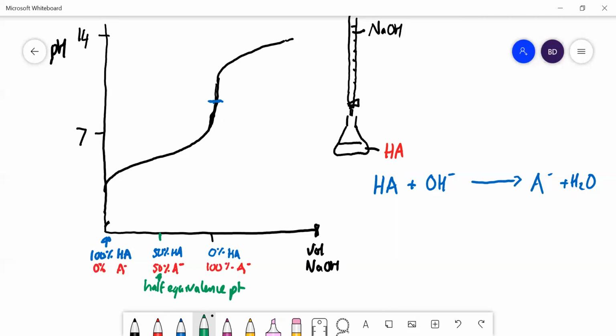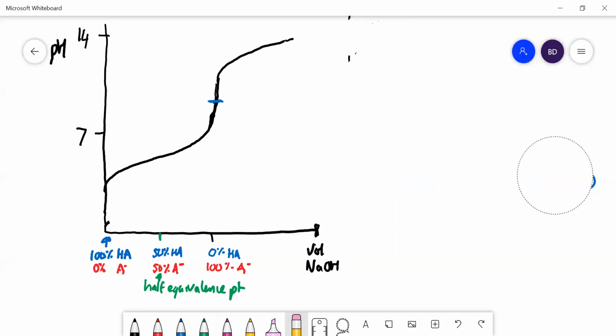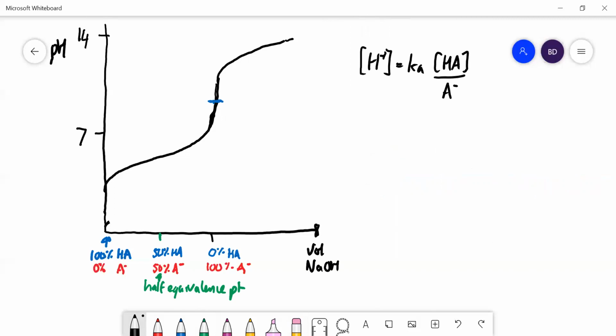Right, so let's try and have a think about what's going on here then. Now when we're working out buffer solutions, we always rearrange our Ka expression to be like this. So we put H plus is equal to Ka multiplied by the concentration of HA over A minus.